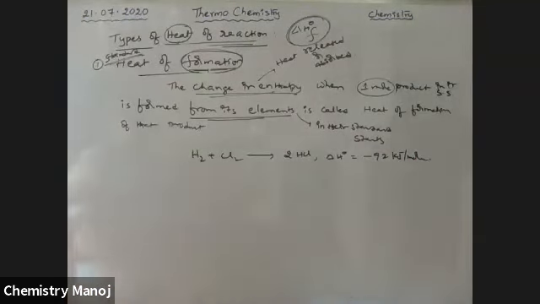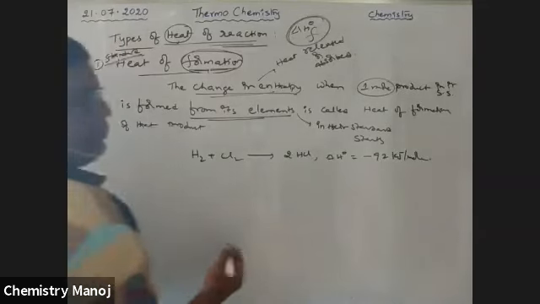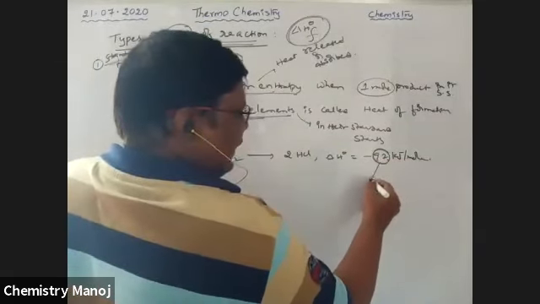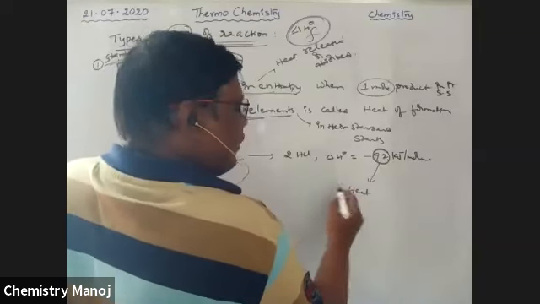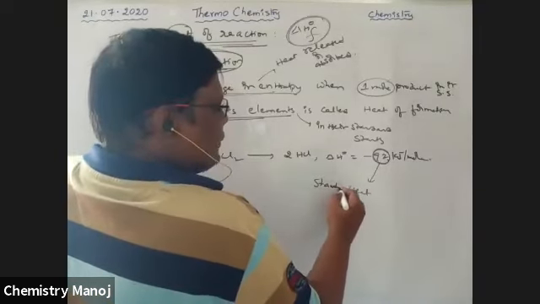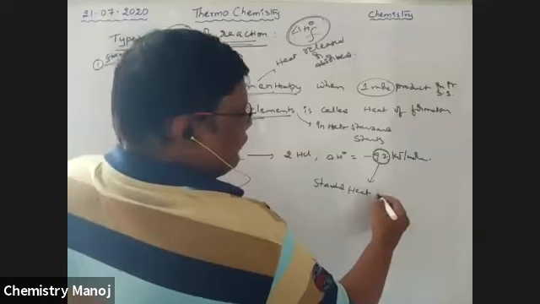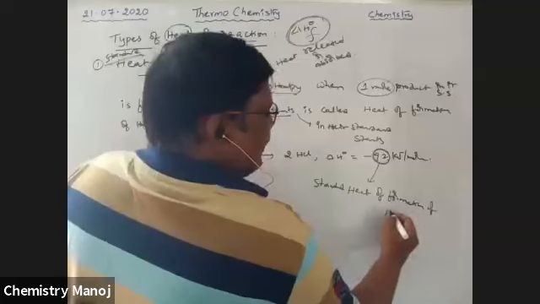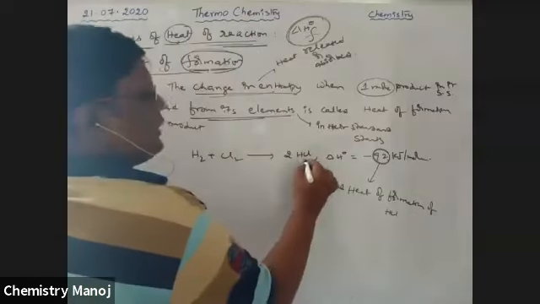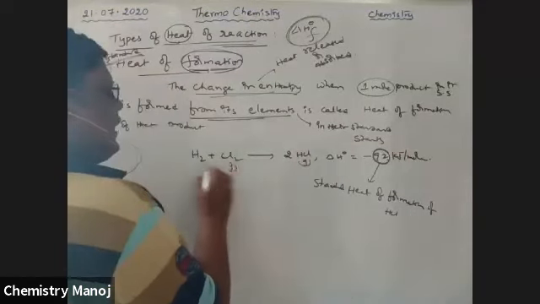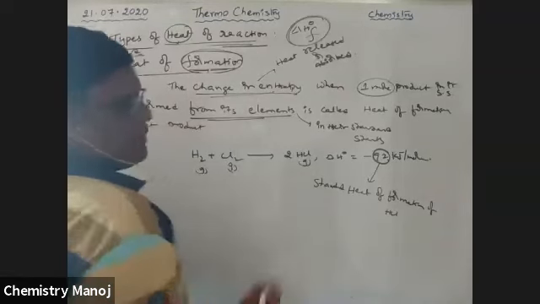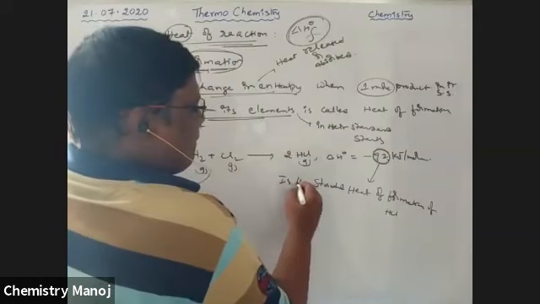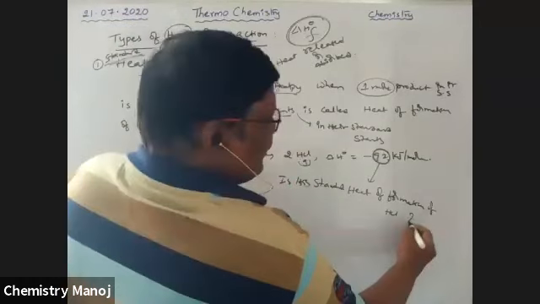Now, am I taking this 92 kilojoule per mole as the standard heat of formation of HCl? HCl is a gas, Cl2 is a gas, from their elements. So is this the standard heat of formation of HCl? Tell me.